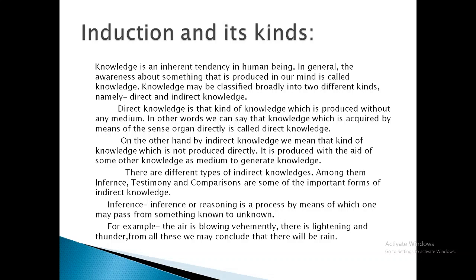So, all men are mortal, indirect kind of knowledge. How do you know? Because it is not possible to perceive all men. What is the source then? Here, the source is inference or reasoning.